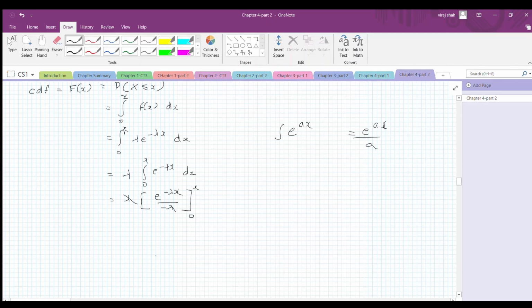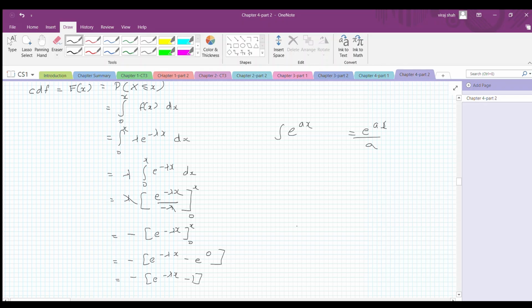Moving ahead, it would be nothing but minus of e raised to minus lambda x from 0 to x. So what we did, we substitute the upper value minus the lower value. So I'm left with minus e raised to minus lambda x minus e raised to minus lambda 0, which would be nothing but e raised to 0, right? So I'm left with minus e raised to minus lambda x minus 1.